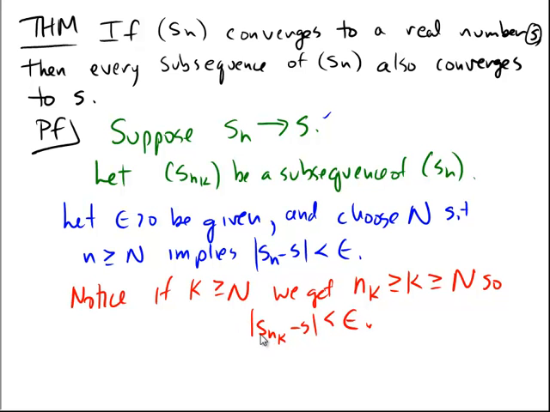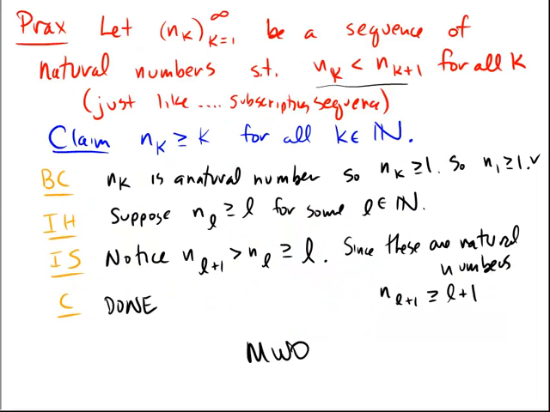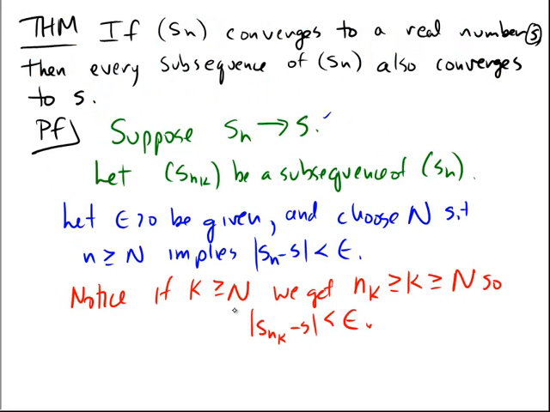So if k is bigger than or equal to N, then n sub k is bigger than or equal to k by this practice problem right here, and that's bigger than or equal to N, and that's going to force the s sub n sub k's distance from the limit to be less than epsilon. So s sub n sub k will also converge towards s, and we get an MW over here too. So that's really interesting. If a sequence converges, then every subsequence of it must also converge, and in fact it must converge to the exact same thing.